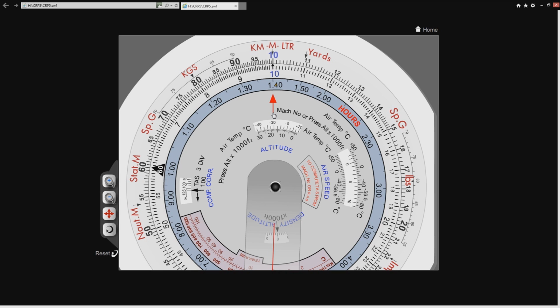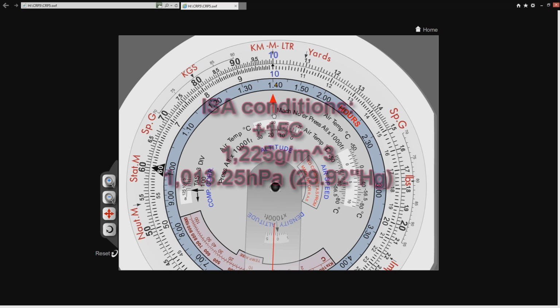And the International Standard Atmosphere is a theoretical global average, and it says that at mean sea level, we have a temperature of plus 15 degrees Celsius, a density of 1.225 kilograms per cubic meter, or 1,225 grams per cubic meter, and an air pressure of 1013.25 hectopascals, or if you live in America, 29.92 inches of mercury.